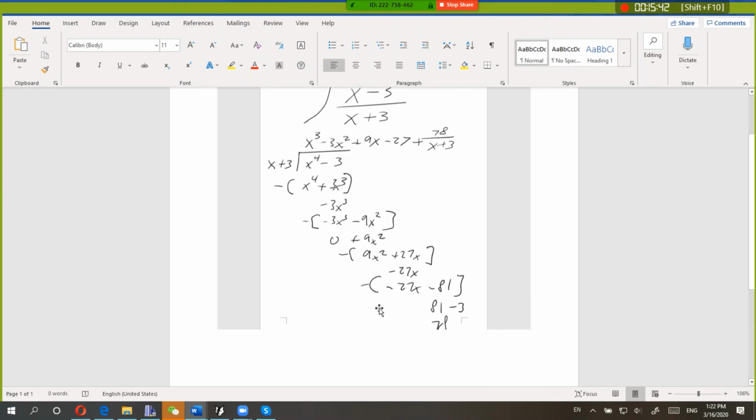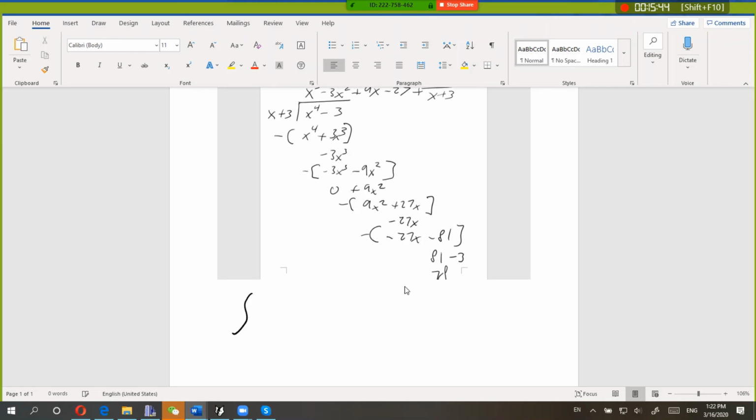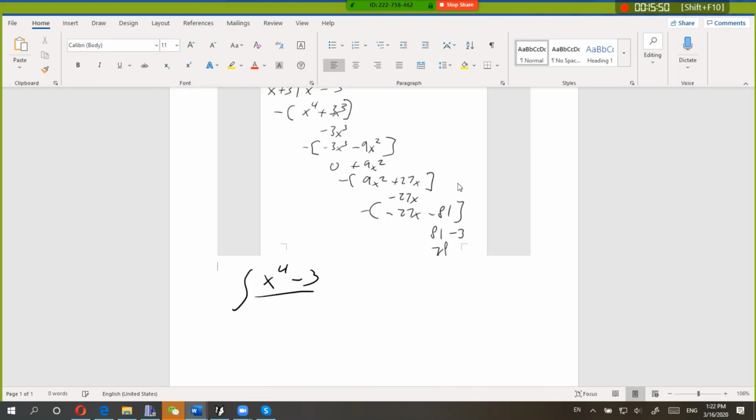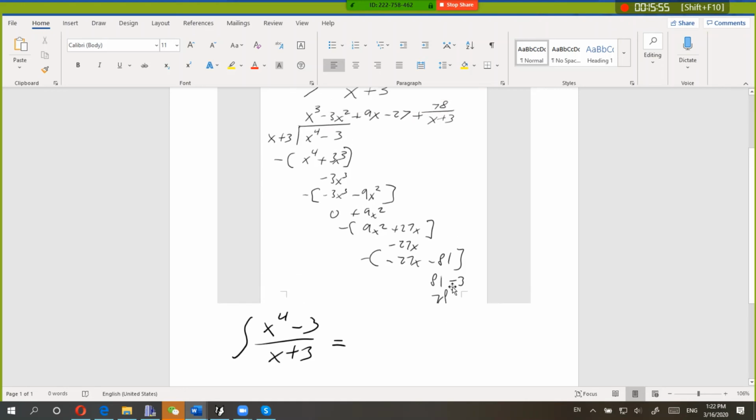So we said this integral of x to the fourth minus 3 over x plus 3 is equal to this polynomial. The integral of x cubed minus 3x squared plus 9x minus 27 plus 78 over x plus 3.